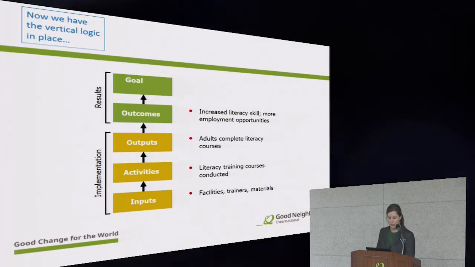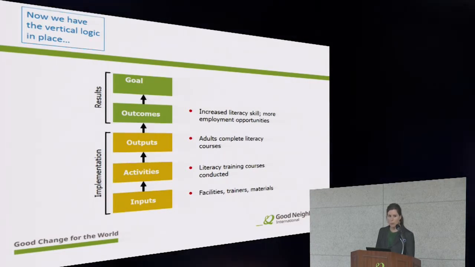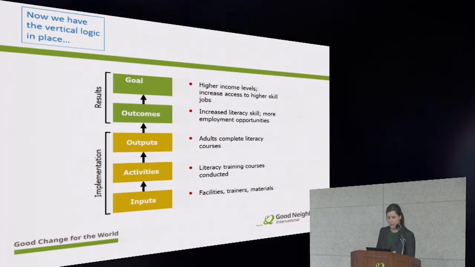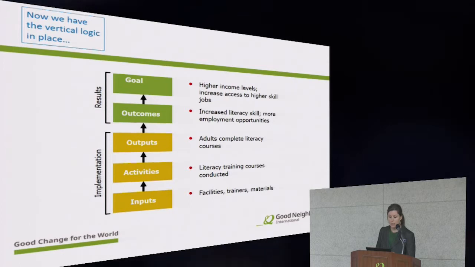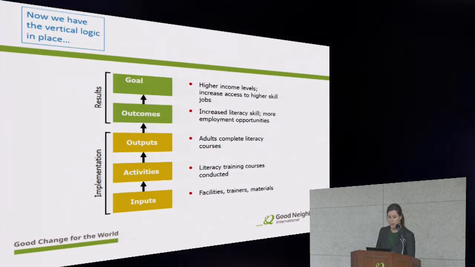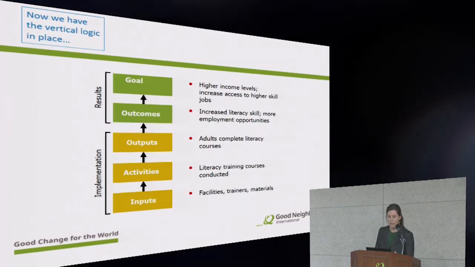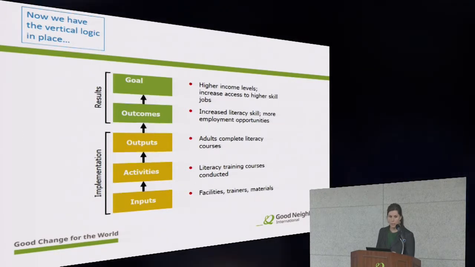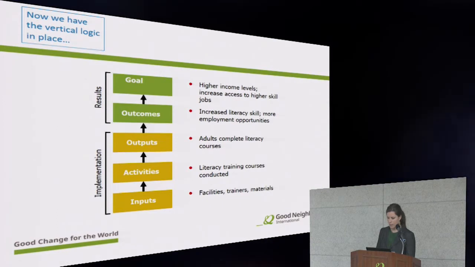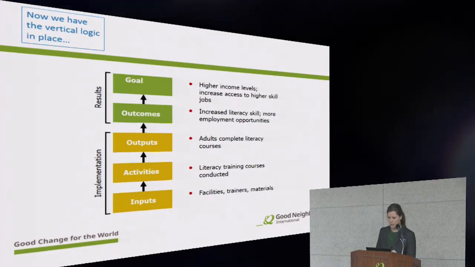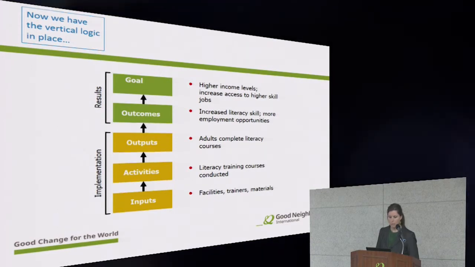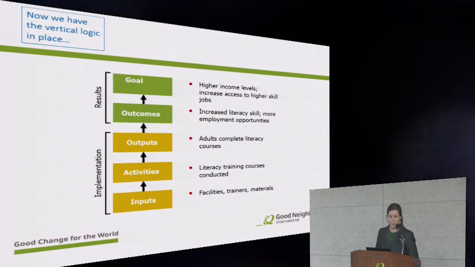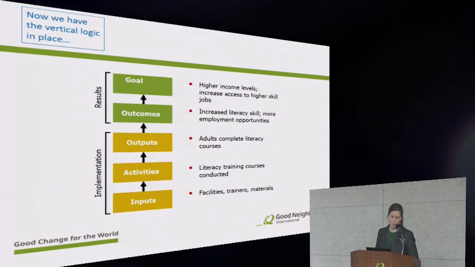We'll see increased literacy skills and more employment opportunities. These are our outcomes. And finally, if we have increased literacy skills and more employment opportunities, then we will see a higher income level and increased access to higher skilled jobs. That's our goal. So we've completed the vertical logic from inputs, activities, outputs, to outcomes, to goal.